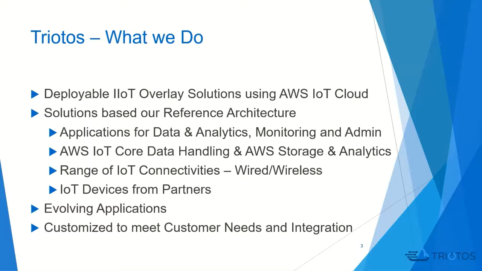The other part of the AWS applications that we use are their extensive set of analytics applications and data storage applications. Normally we tend to store IoT data in time series. That's not necessarily required, but for that we use time series analytics that is optimized for that. We support a range of IoT connectivities, both wired and wireless. And as far as IoT devices, we get them from our partners.